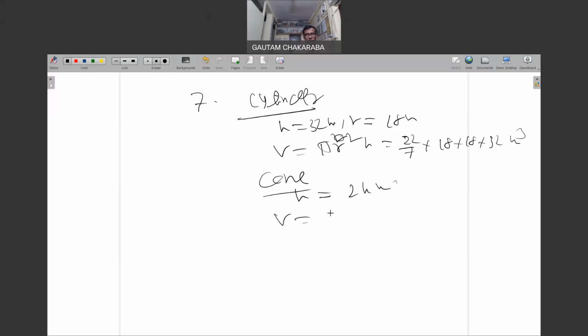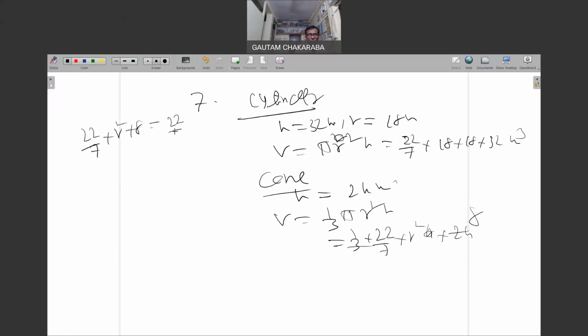Volume is 1 by 3 pi r square h: 1 by 3 into 22 by 7 r square into h, h is 24. According to the question, both volumes are the same: 22 by 7 r square into 8 is equal to 22 by 7 into 18 multiply 18 multiply 32.